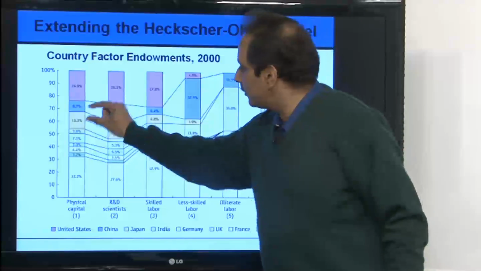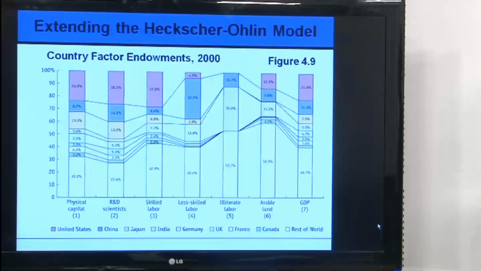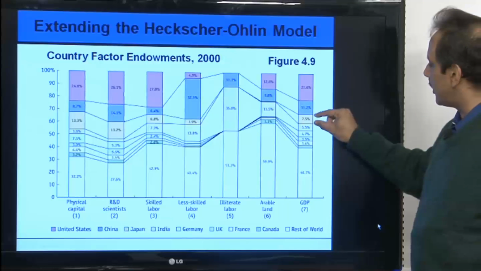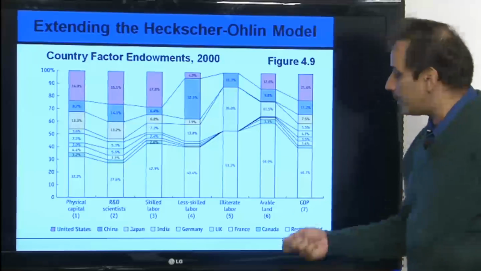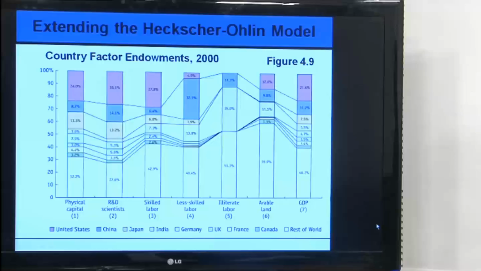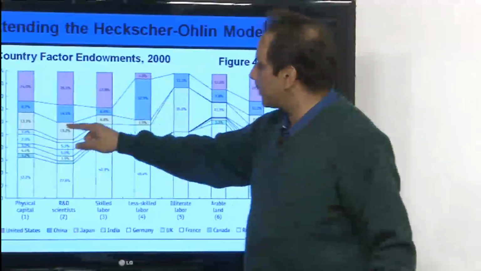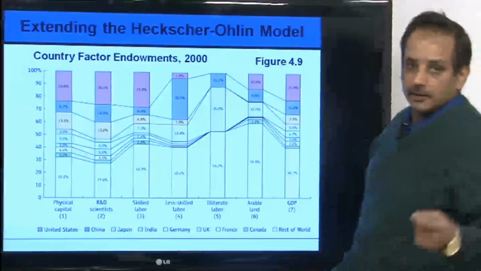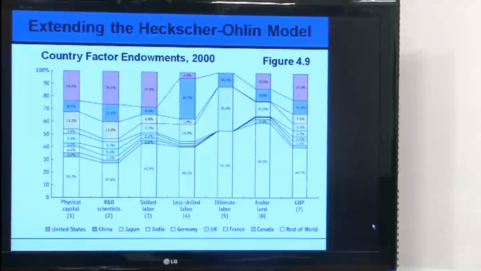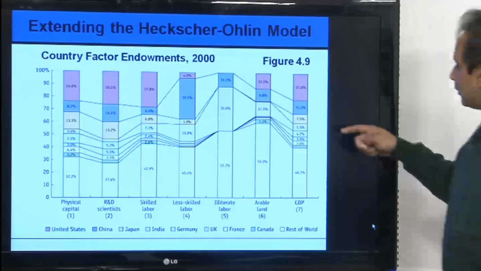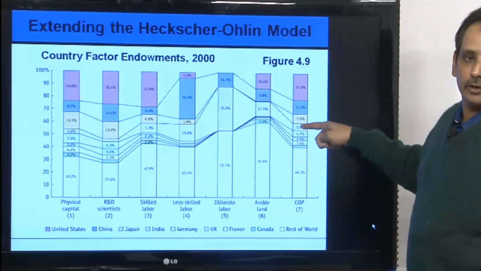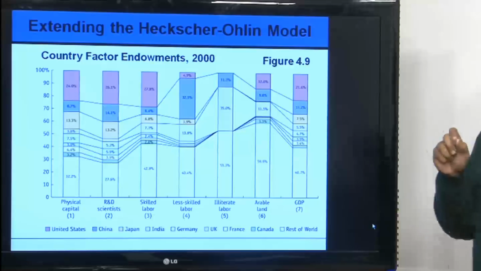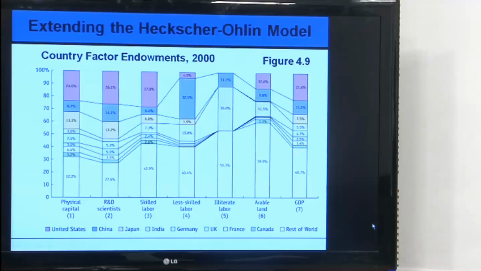Japan, 13.3% is the factor share, its GDP share is 7.5%. So, Japan can be said to be capital rich. Look at India, 3.6%, that is the endowment share in the world endowment, and its contribution to GDP is 5.5%. So, India is scarce in physical capital.